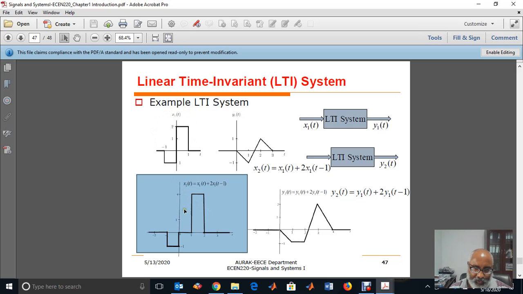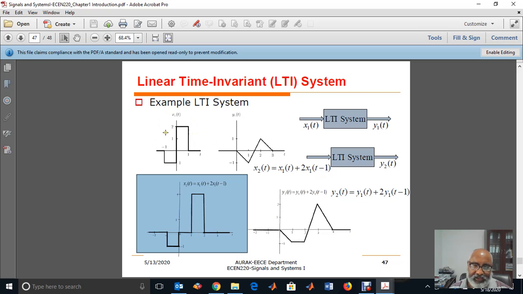So if we compare these two graphs, we can find that x2(t) is simply x1(t), the original x1(t), plus 2 times x1(t minus 1).